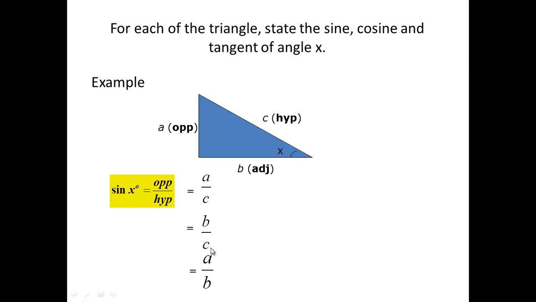For B over C, B is the adjacent, C is the hypotenuse. Adjacent over hypotenuse, by definition, is the cosine of the angle. And A over B: A is the opposite side, B is the adjacent side. The ratio of the opposite over adjacent side, by definition, is given as tangent x.